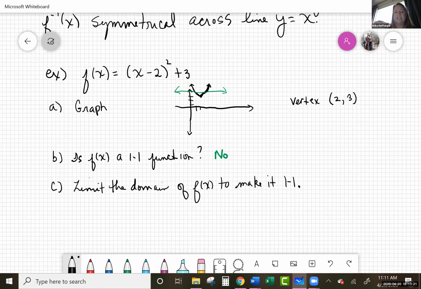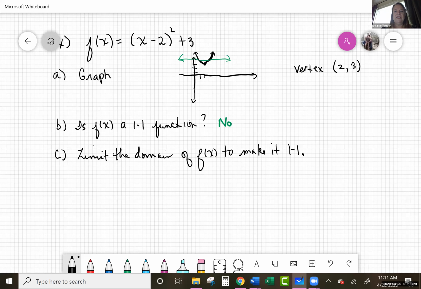So if we just say x has to be either smaller than this x value always or bigger than this x value. So we want it so that it occurs that it's a one-to-one function. So a lot of times it's helpful, and you don't have to choose it here, but we are gonna choose it here, to choose either the left or the right of the vertex.